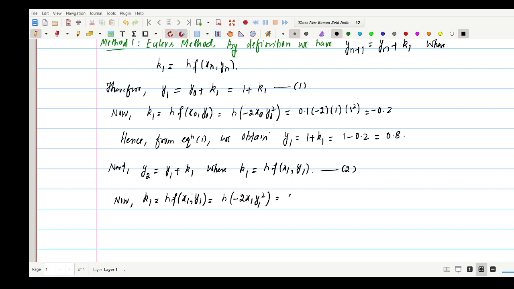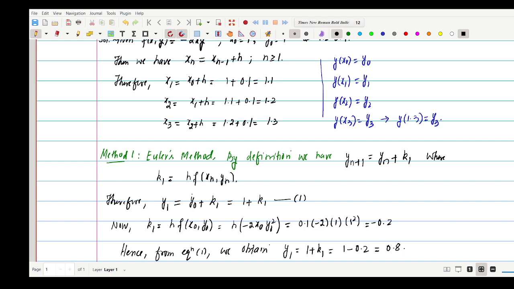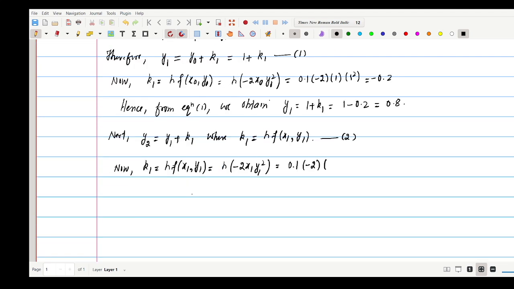Now substituting the values of the variables, h is 0.1, then minus 2, then x1, as we have calculated earlier, is equal to 1.1, and y1 obtained above is equal to 0.8, so 0.8 whole square. Now using the calculator, multiplying all these variables, we get k1 here as minus 0.1408.